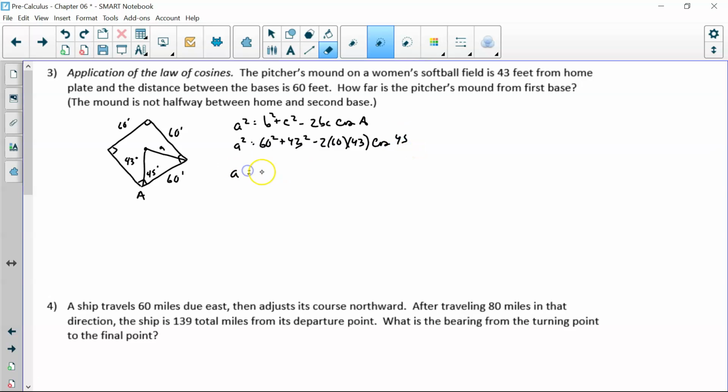So A is going to be equal to the square root of all of that: 60 squared plus 43 squared minus 2 times 60 times 43 times the cosine of 45. Take the positive square root, you're going to get 42.43 feet. So it's about 42.43 feet to first base.